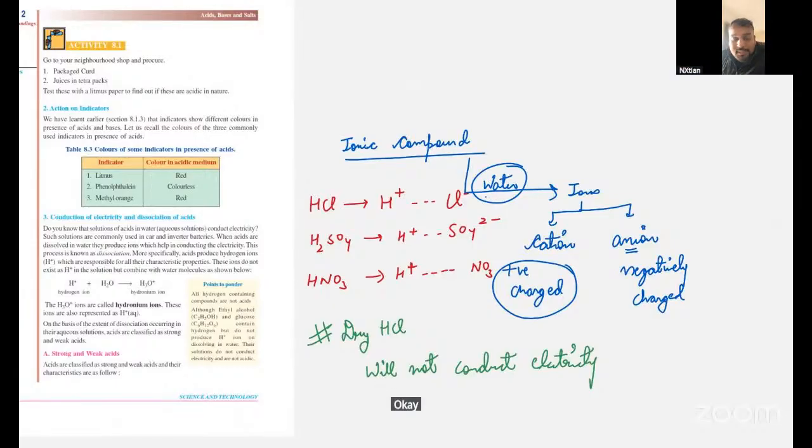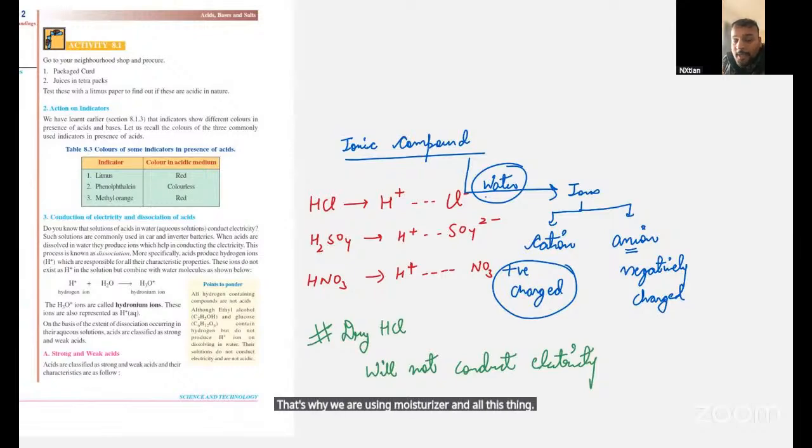If H plus ions are there, acidic character is there. If you put your hand in front of dry HCl, the condition is that your hand should be dry. But our hand always has moisture in it, that's why we use moisturizer and all this.